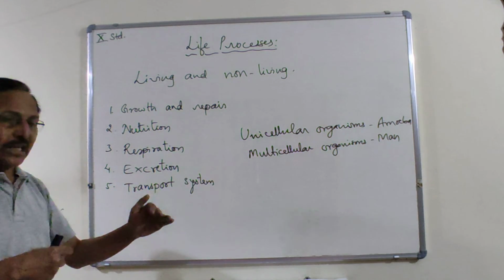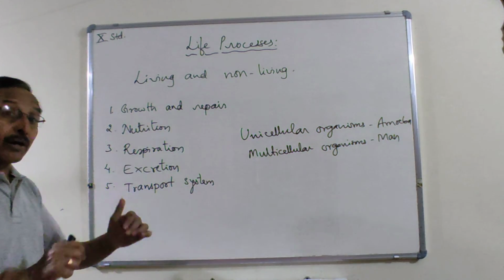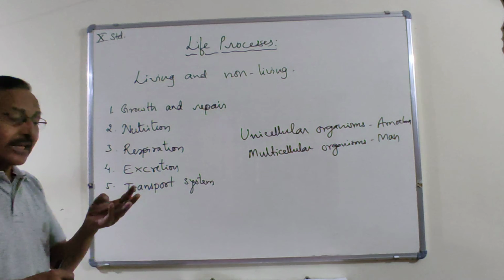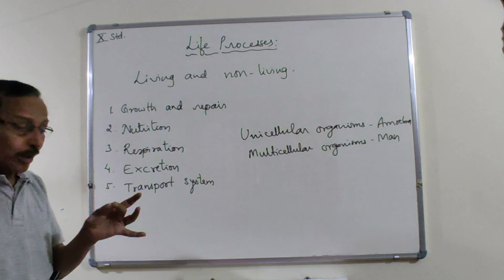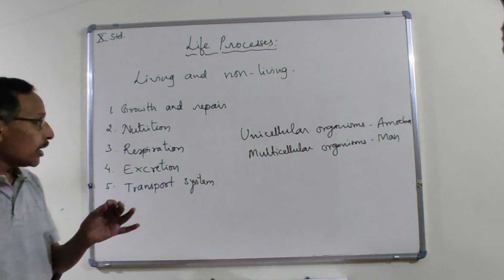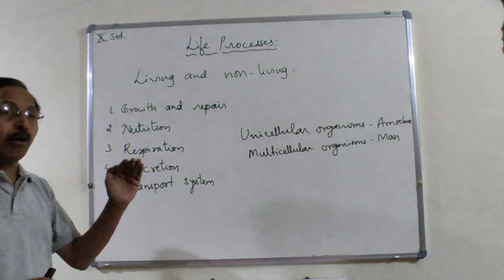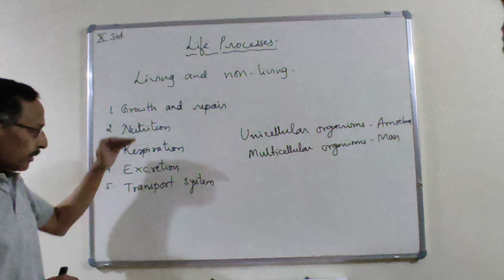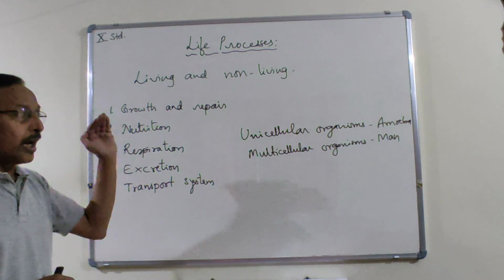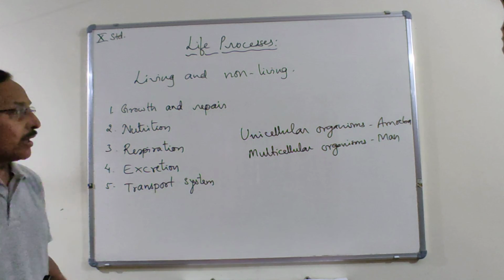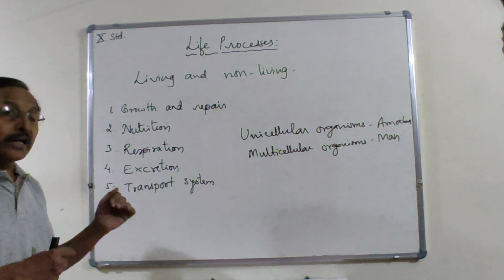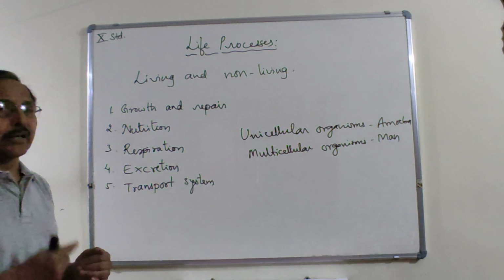What we call as cell differentiation, cell organization. Okay? Cells form tissues, tissues form organs, organs form organ systems. So there are specific organ systems which perform each function in a highly developed organism like man. Alright, I'll discuss one by one in detail, okay, in the next video.